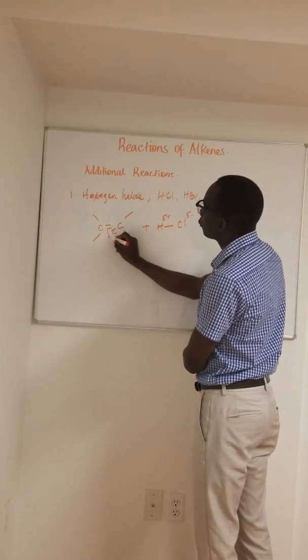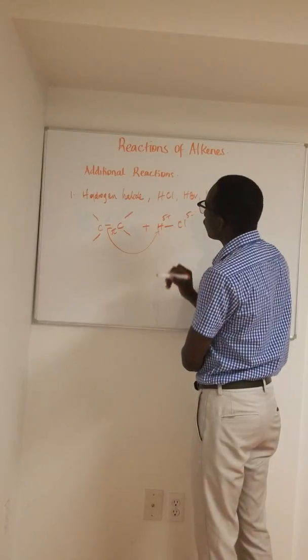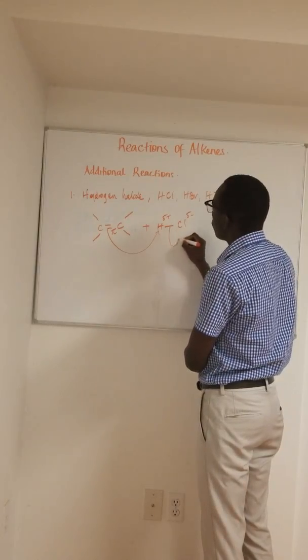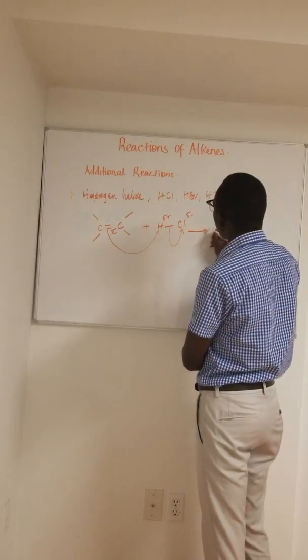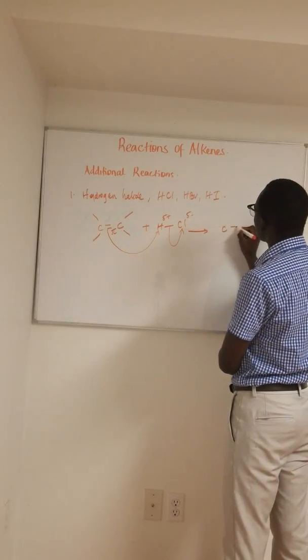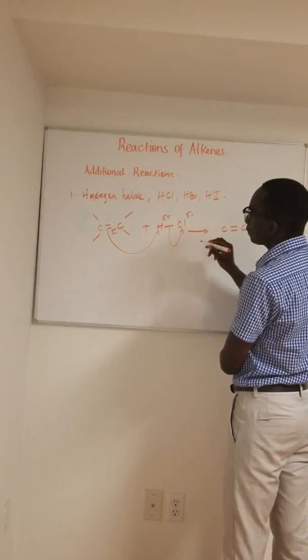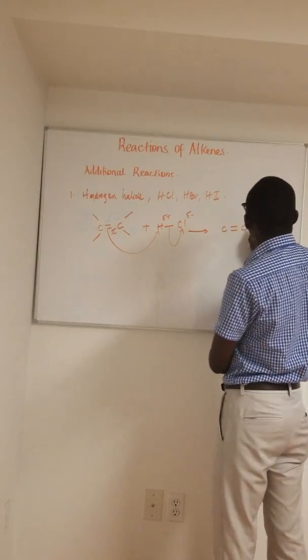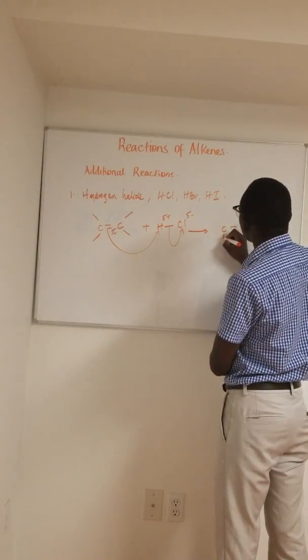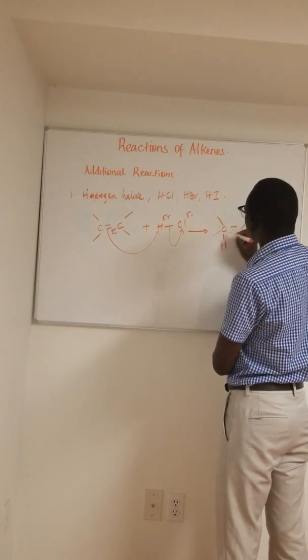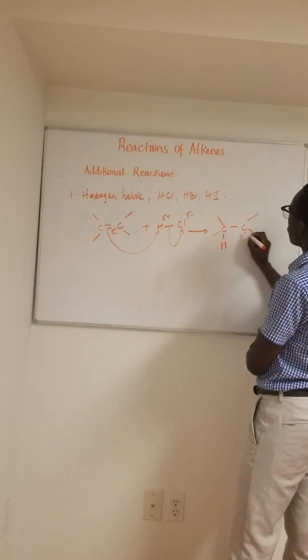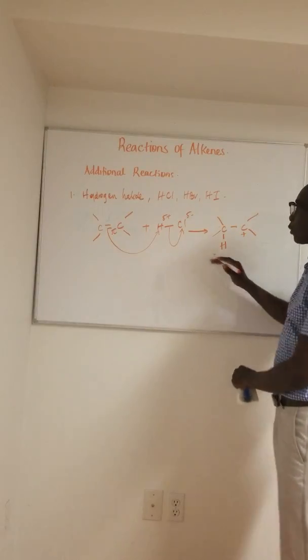These electrons will come and bond with the hydrogen, and this bond breaks off in favor of the chlorine atom. Then we shall form something like this. So this will be our product.